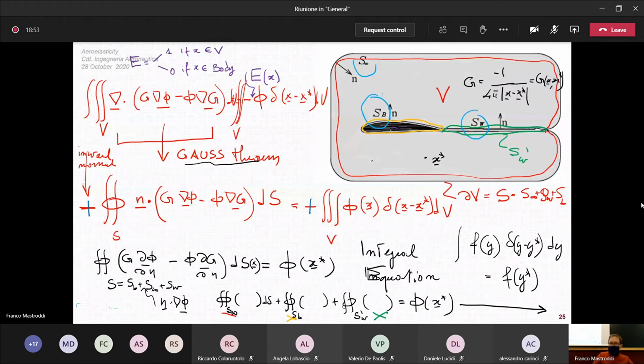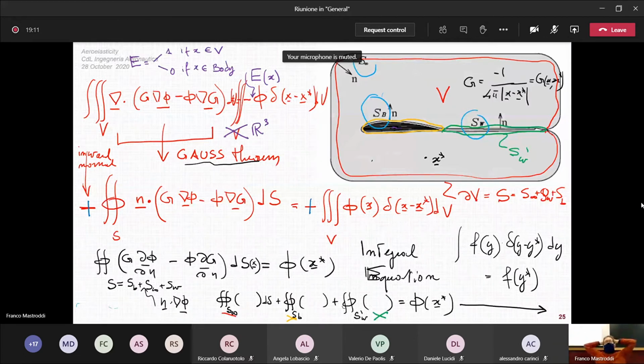This is the body, black body, okay? Now, if you use this function, you can introduce this function here, and you can cancel and write R3, or the domain, or the fluid domain.